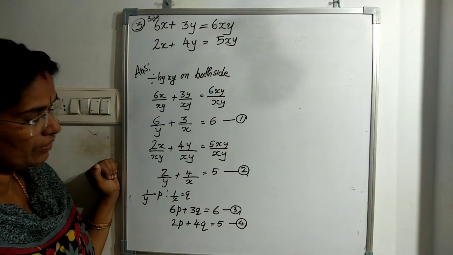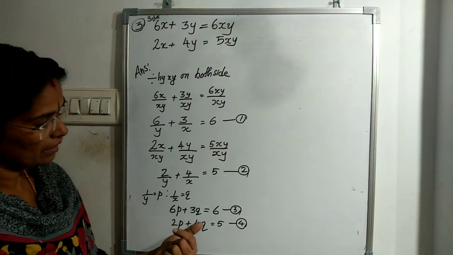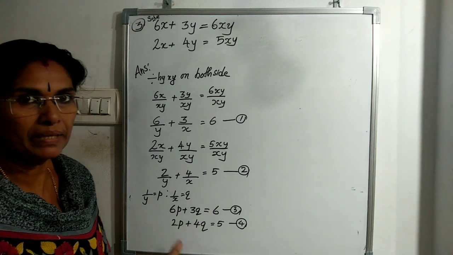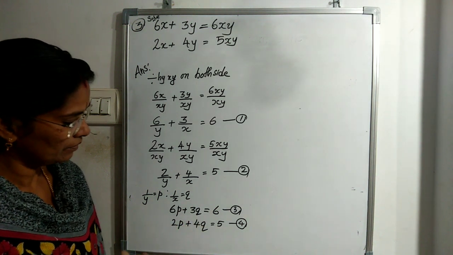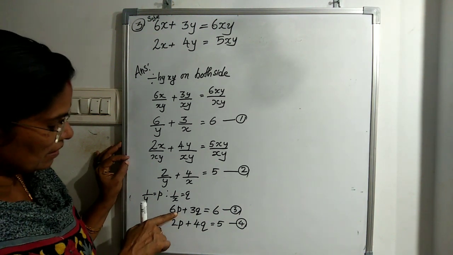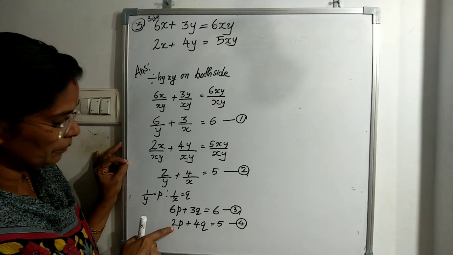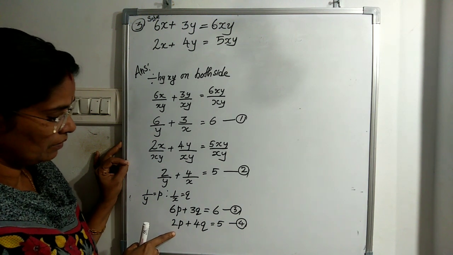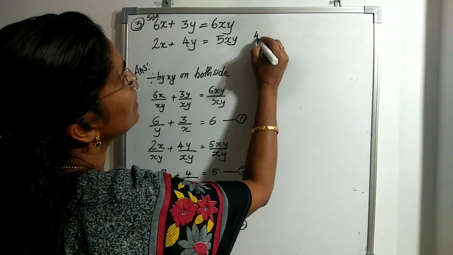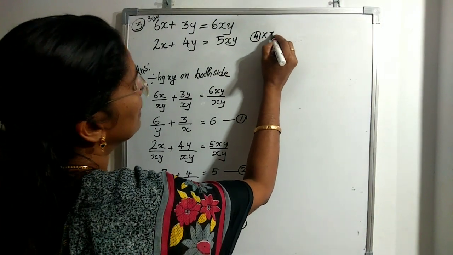After that we have to make the coefficient of any one variable the same for the elimination method. Here, which one is better to make? 6p is here, so multiply with 3, it becomes 6p. So only equation 4 we multiply with 3.